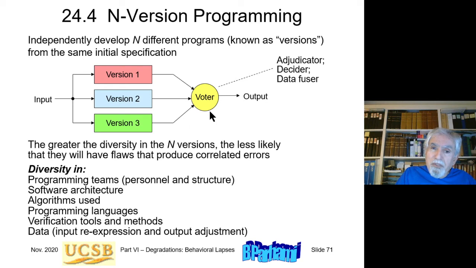So to summarize, the voter is no longer a simple piece of hardware or software, but a pretty sophisticated unit in its own right.